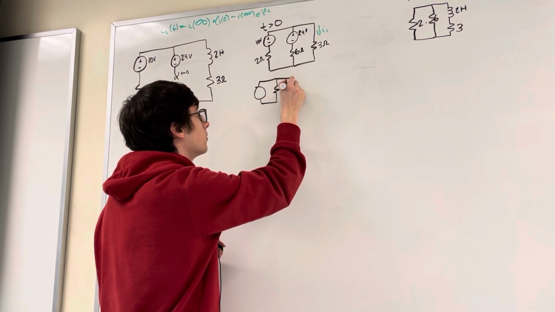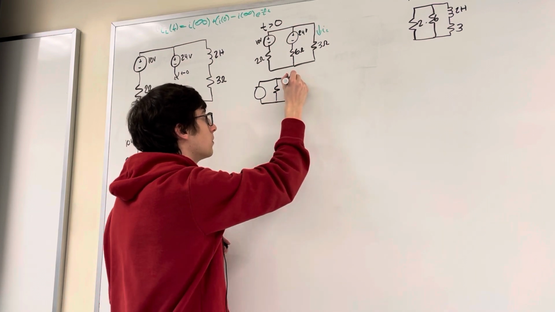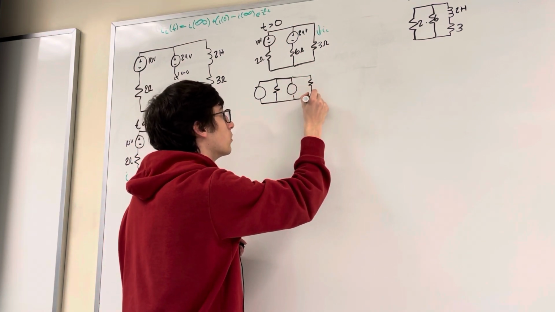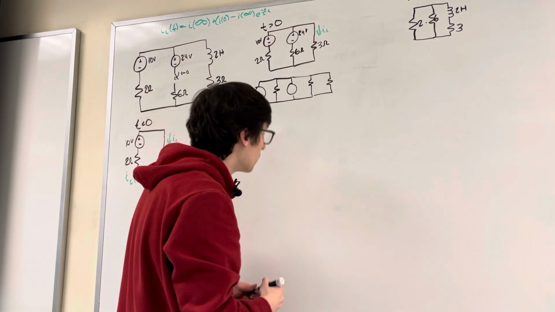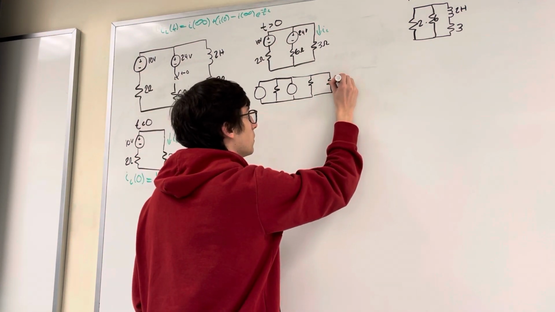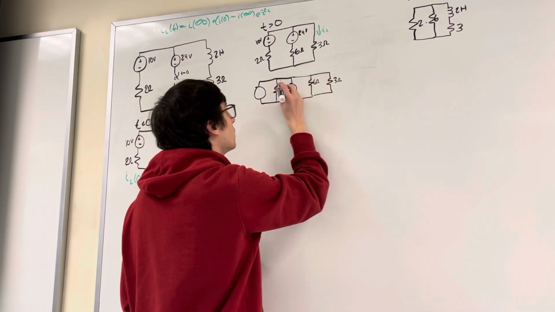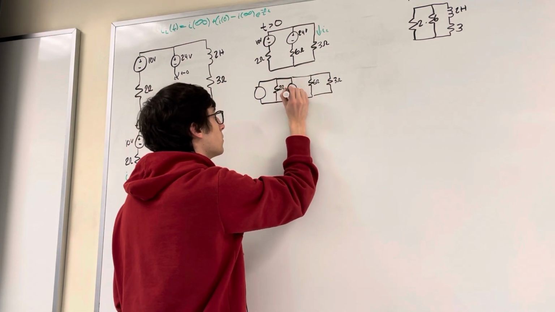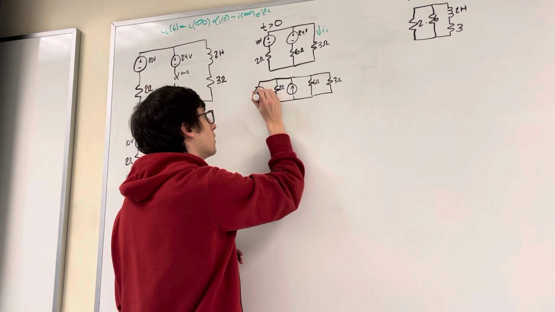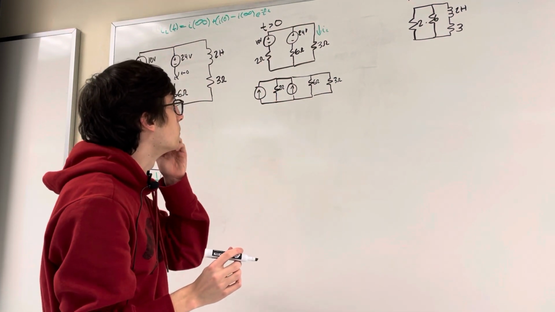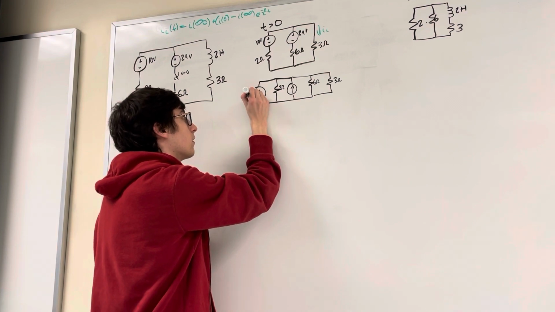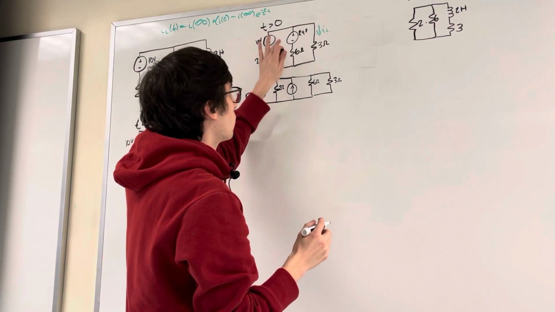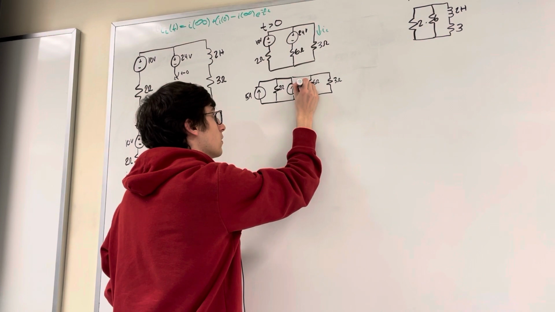So boom, boom, boom. All right. So this is going to be our 3 ohms, our 6 ohms, and our 2 ohms. And that current is just going to be equal to 10 divided by 2, which is going to be 5 amps. And then 24 divided by 6 is going to be 4 amps.